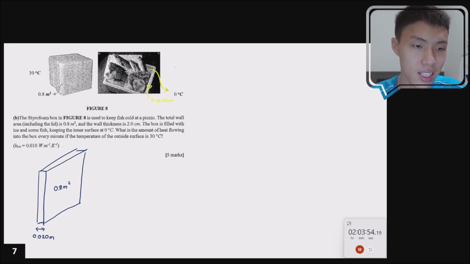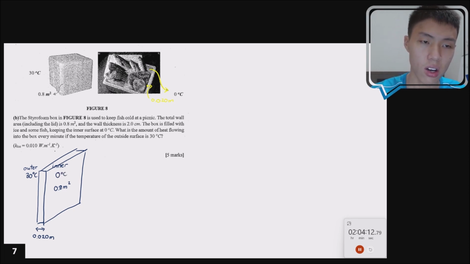Then they say that the outer surface of the wall is 30 degrees Celsius, and the inner environment of the styrofoam box is 0 degrees Celsius. Because outside is hot, inside is cold, heat will be flowing in this direction.